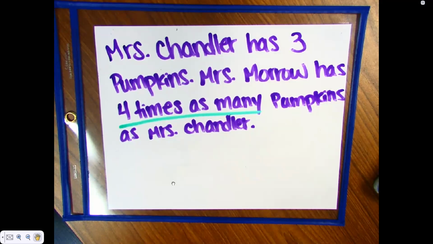If Miss Chandler has 3 and Miss Morrow has 4 times as many, what kind of equation would I have to do? Katya, what kind of equation would I have to do?